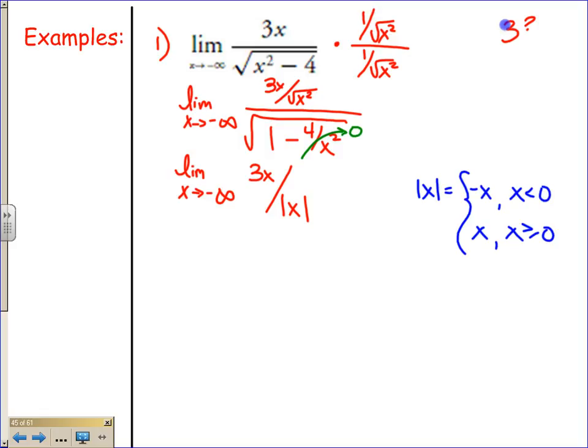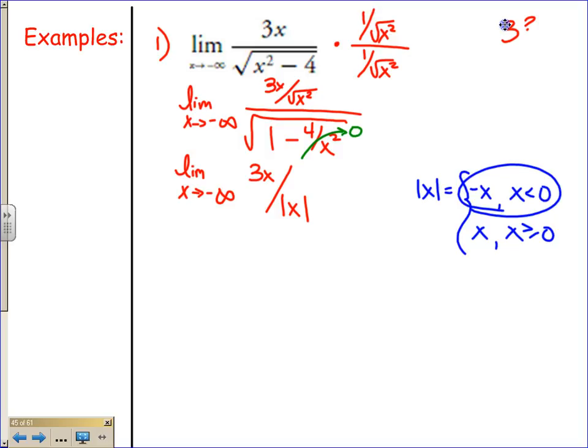Wait a minute. Which domain restriction fits with me approaching negative infinity? Approaching negative infinity, I'm going to be less than 0 eventually, and forever after that.